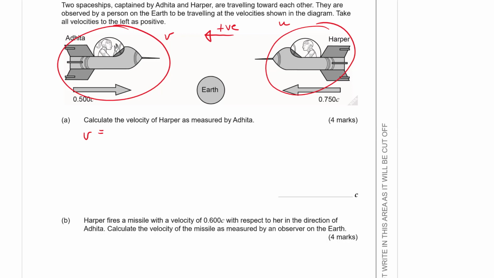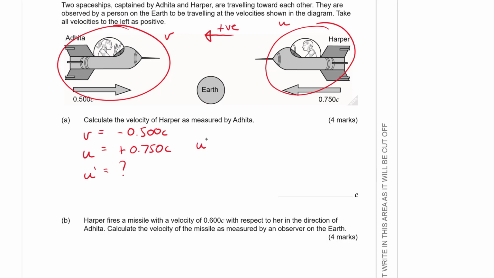I know that v is moving in the opposite direction at 0.5 c. And according to that same observer who's measuring ATAR, Harper's also going in the opposite direction, which is a positive number, at 0.750 c. And because we want to know Harper's velocity according to the moving reference frame, that is u dash. So that's what we're after here.